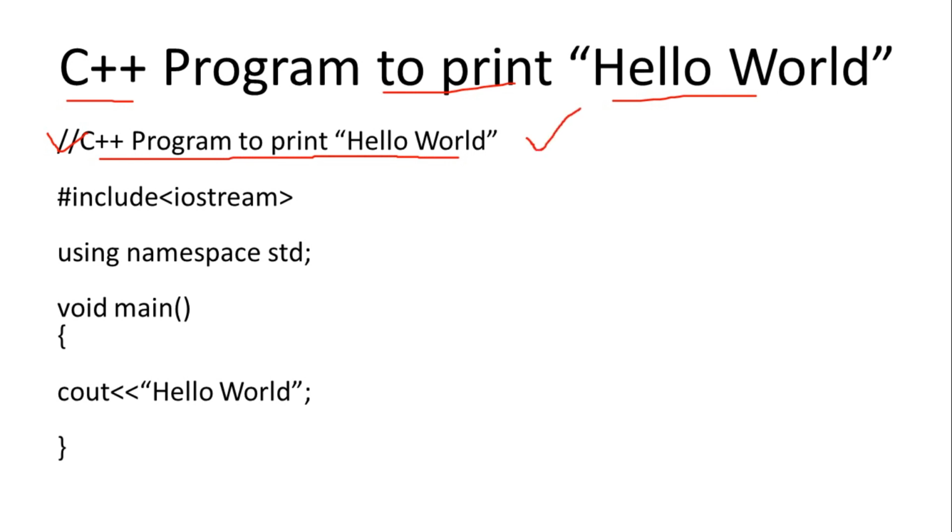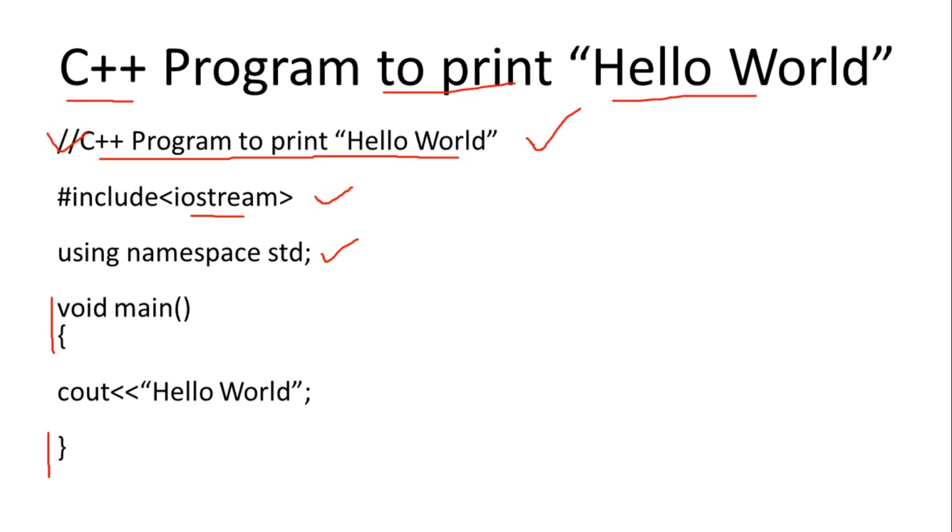Then include the header file, #include iostream. Here you are printing some message, that's why an output statement will be used. They are predefined statements. So you include the header file input output stream, then using namespace std along with iostream, and then the start of the main function and then the end of the main function.